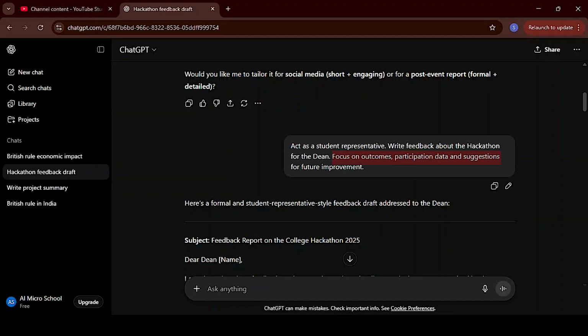So since you are writing to your dean, now you have to think like how the models think. It is expected that you focus on outcomes so that you are able to create a perception about yourself. Focus on outcomes, participation data, and suggestions for further improvement.